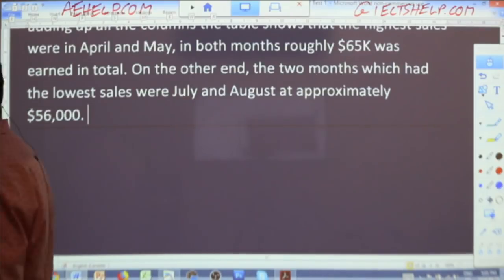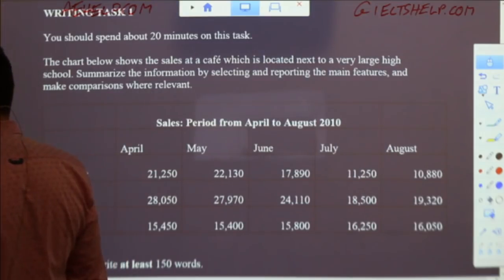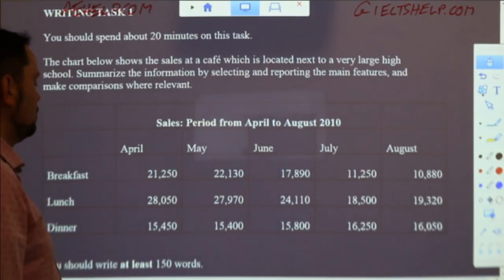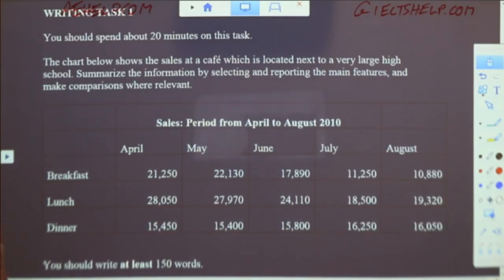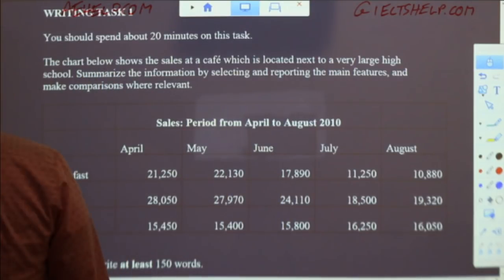And now, if you're very good at writing and you're super fast and you're like, hey, I've got lots of time, I just did that in 10 or 15 minutes, I've got a couple more minutes, and I'm sure I can do a quick summary as well for this. So I want to throw in a little bit about June. We can do that. So we can say June was somewhere in between at about 58,000.